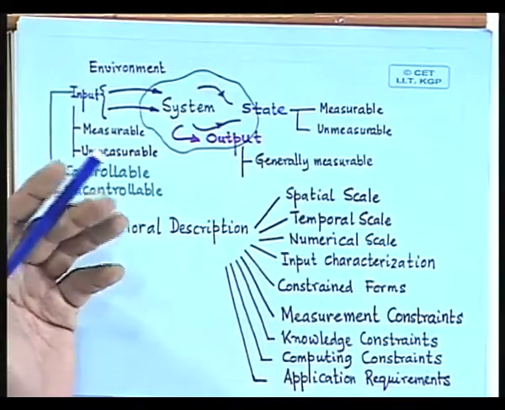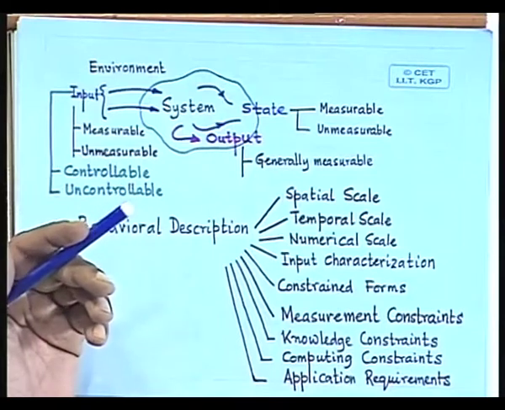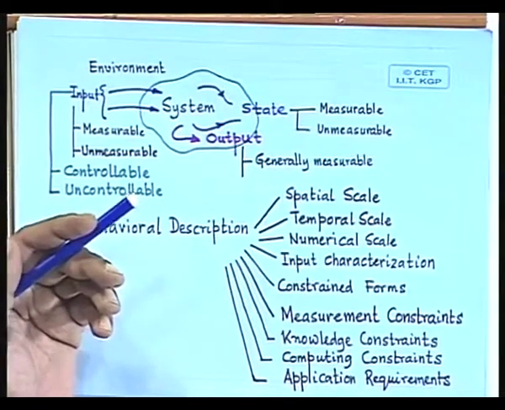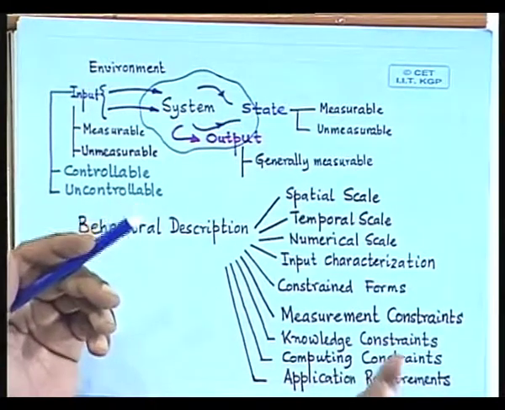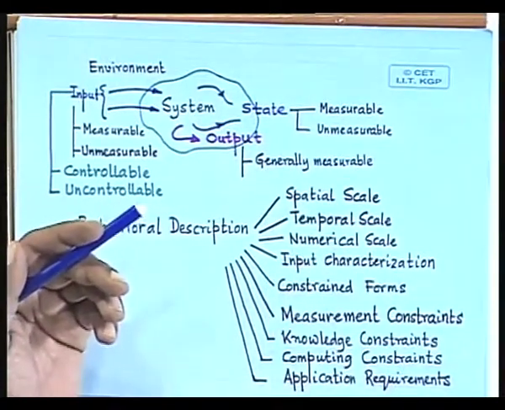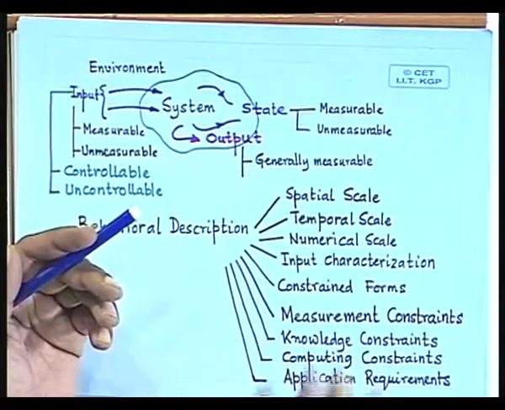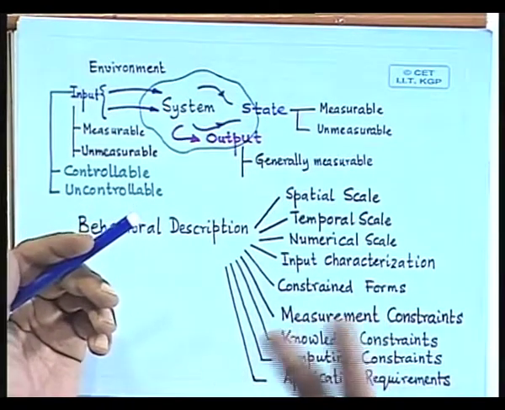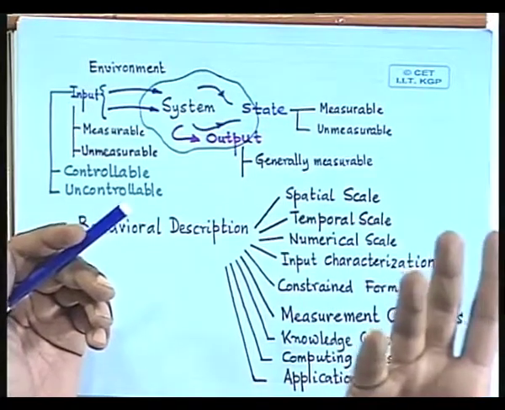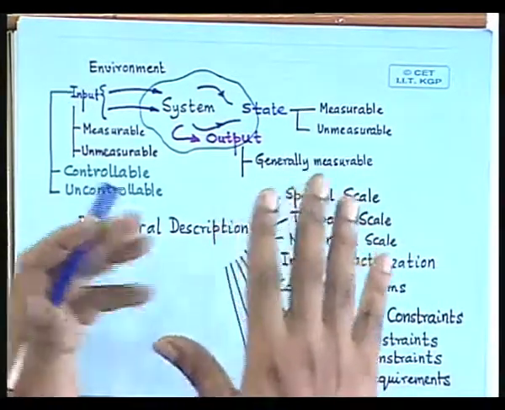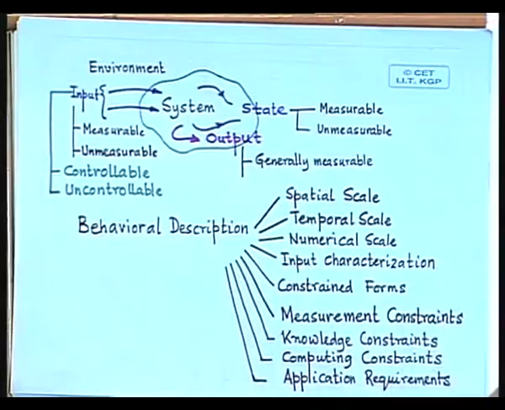In another situation you may be able to measure it, but for the purpose for which you are building the model, in that situation you may not be able to measure some inputs. For example, if a machine is running, you may not be able to measure many things inside it. If you happen to stop it and really take it apart, you may be able to measure so many things.